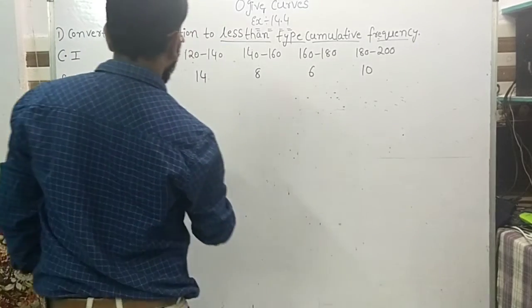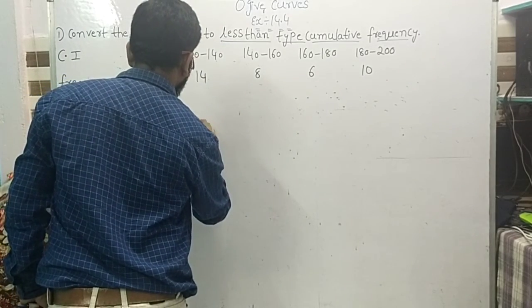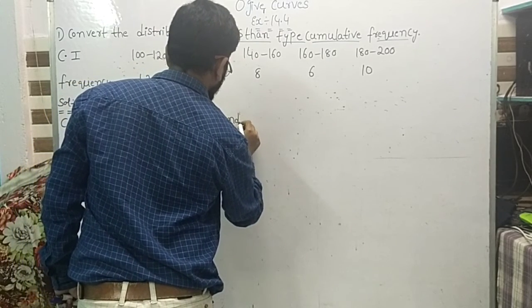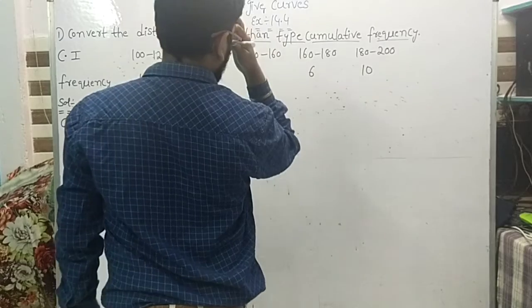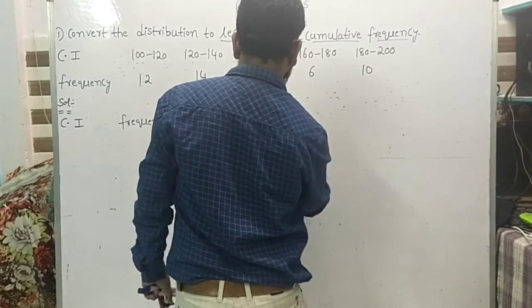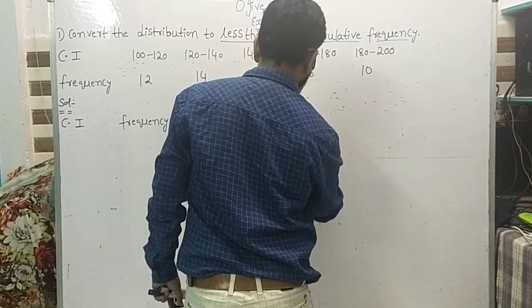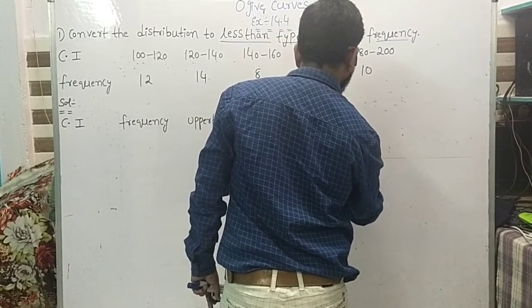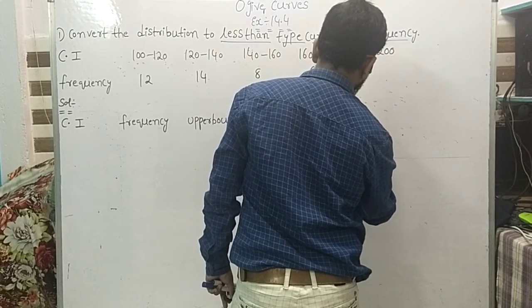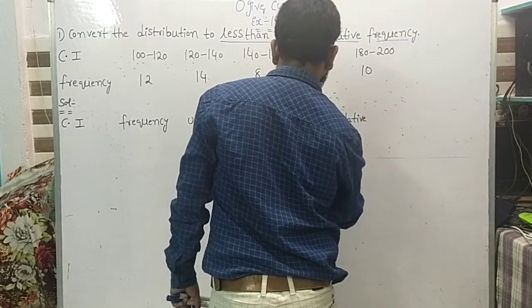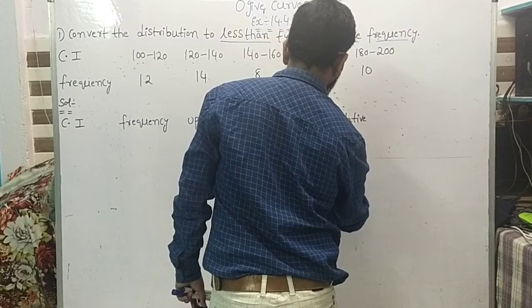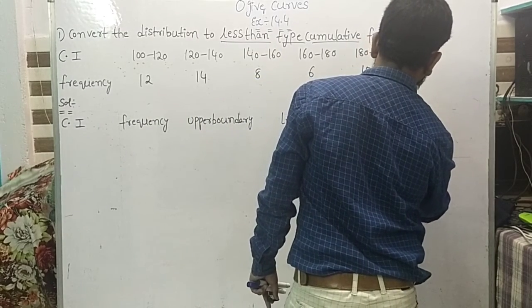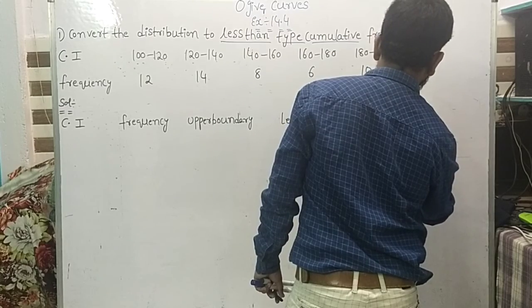Less than type means you write the upper boundary, then the less than cumulative frequency, and then the points.